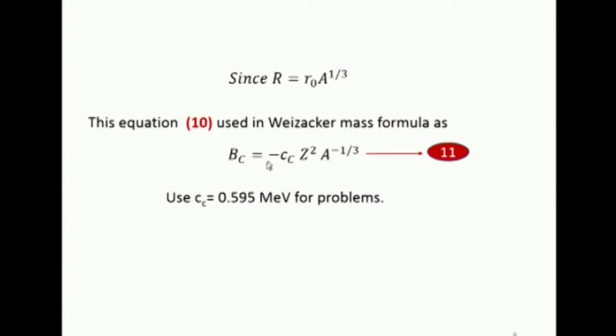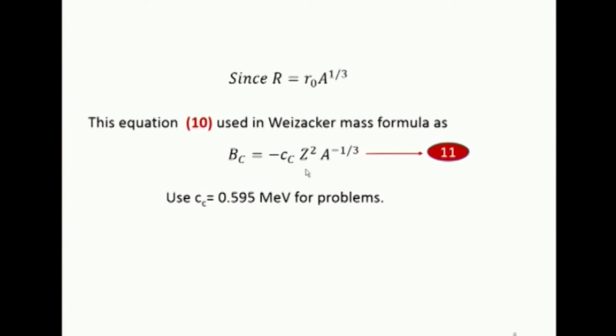It is a negative quantity because, due to the presence of protons, the binding energy decreases. This Cc in the Weizsäcker formula is the Coulomb constant, the constant due to Coulomb energy. So, here we get this equation.